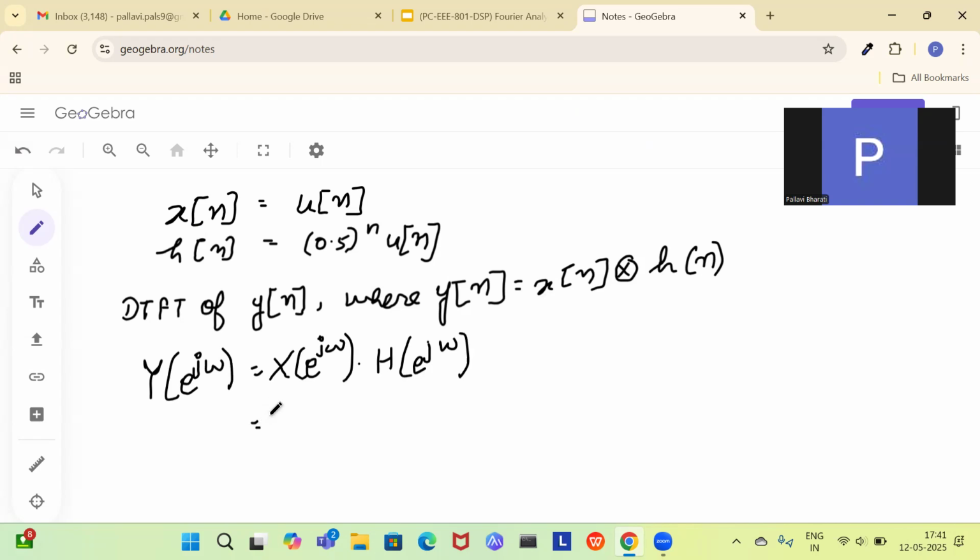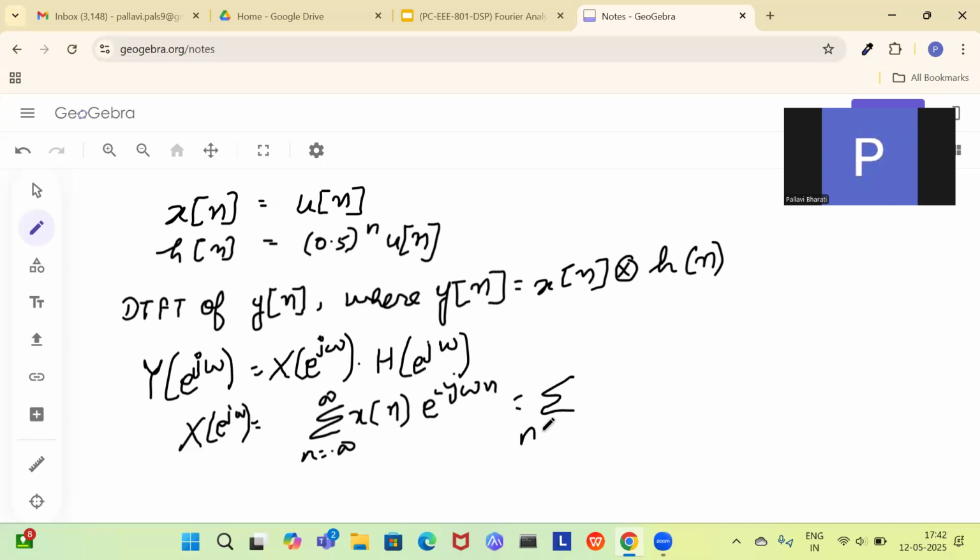Now, first of all, we will take out X of e to the power of j omega. You know the DTFT formula: the sum from n equals minus infinity to infinity of x[n] e to the power of minus j omega n. Now, x[n] is given to us as u[n], so this is going to range from n equals 0 to infinity. u[n] is 1 everywhere, so we have e to the power of minus j omega n.